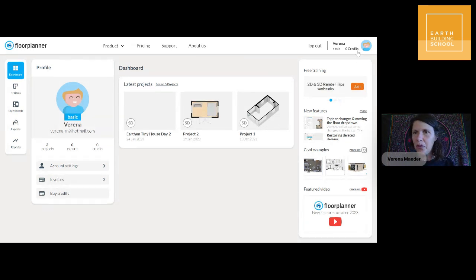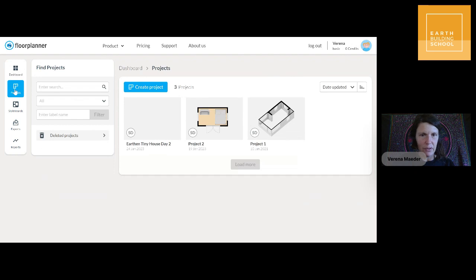But when you sign up, so you create a free account for Floor Planner and you log in, you come to the dashboard, and then you go to projects, okay? And you go on to create project. Create project makes a new project.